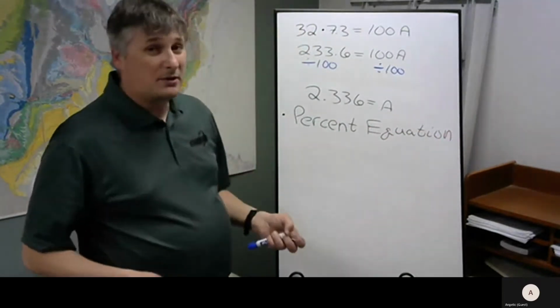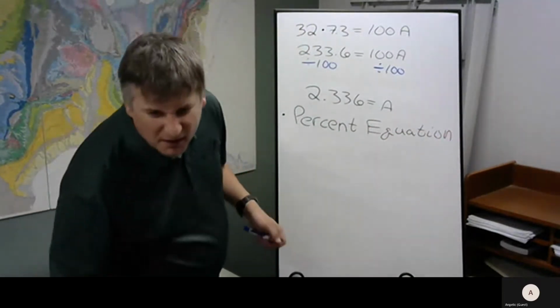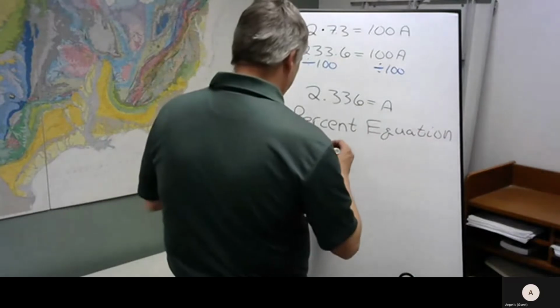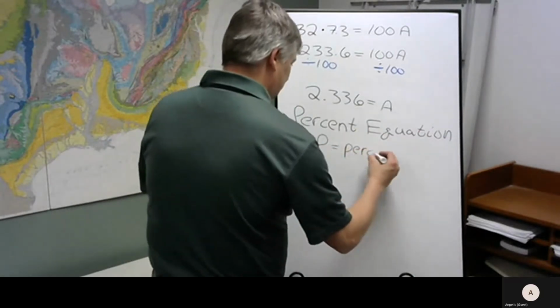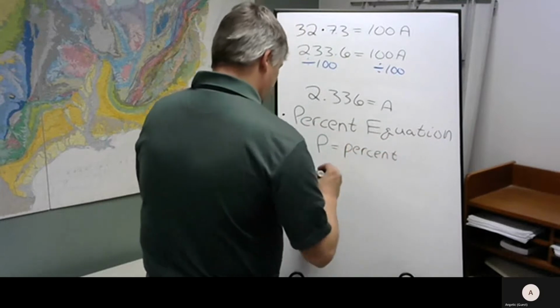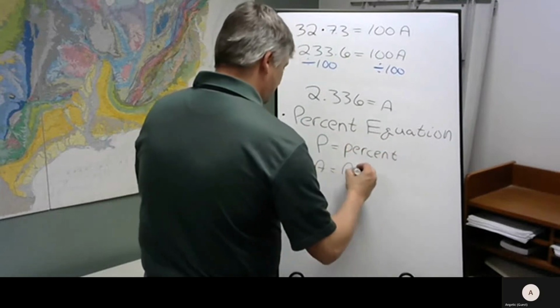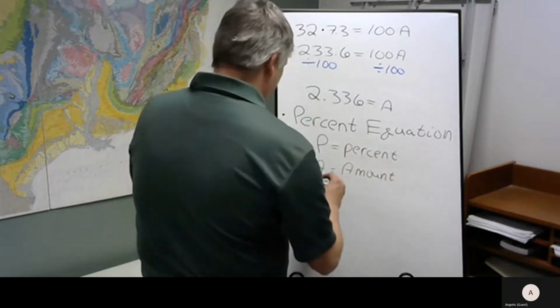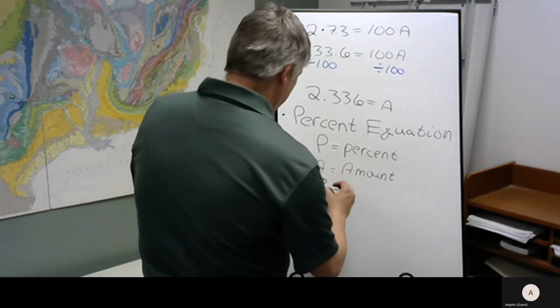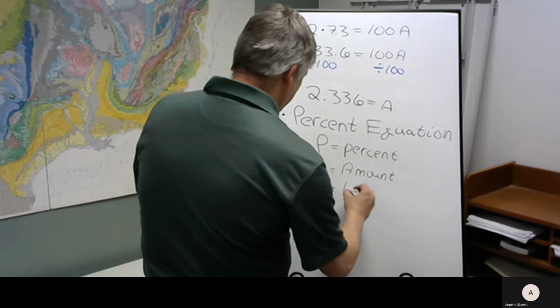Now the percent equation works like this. Let's say you have, again, P is percent. A is amount. And B is base.